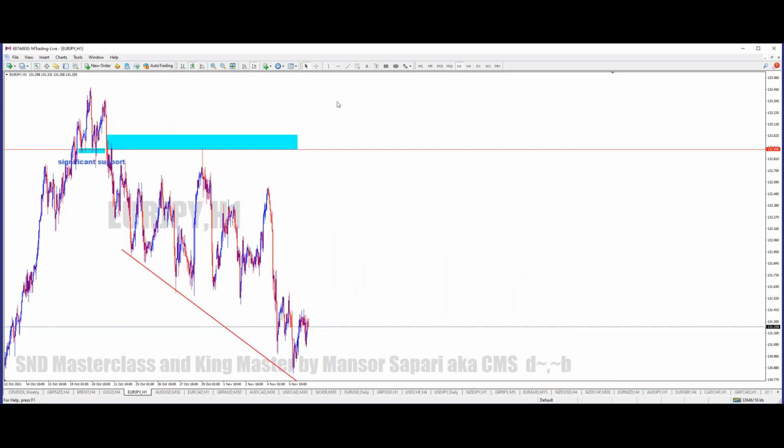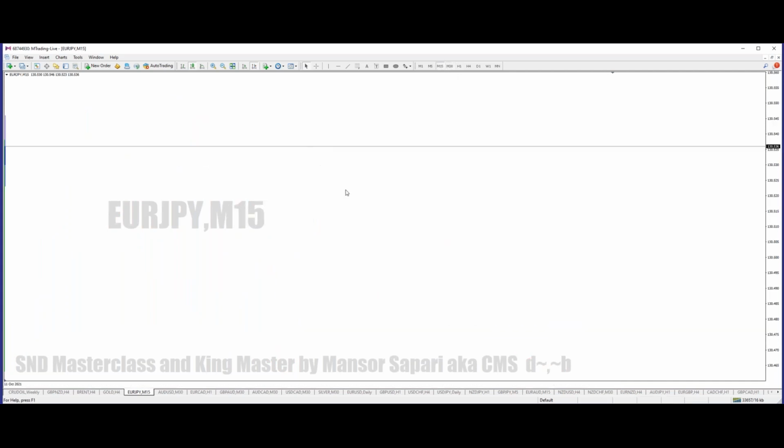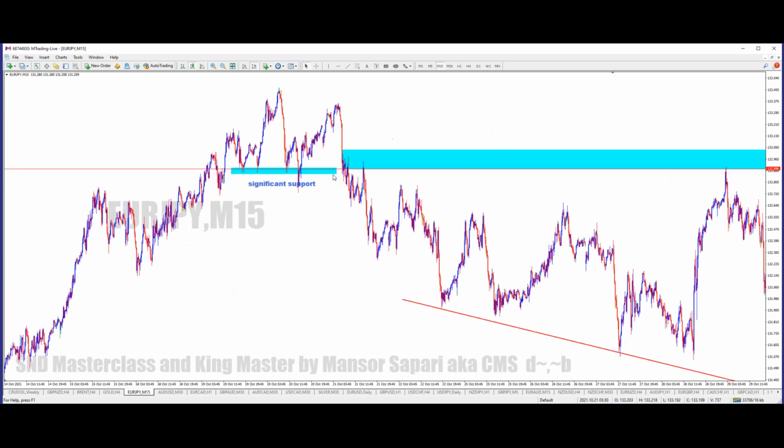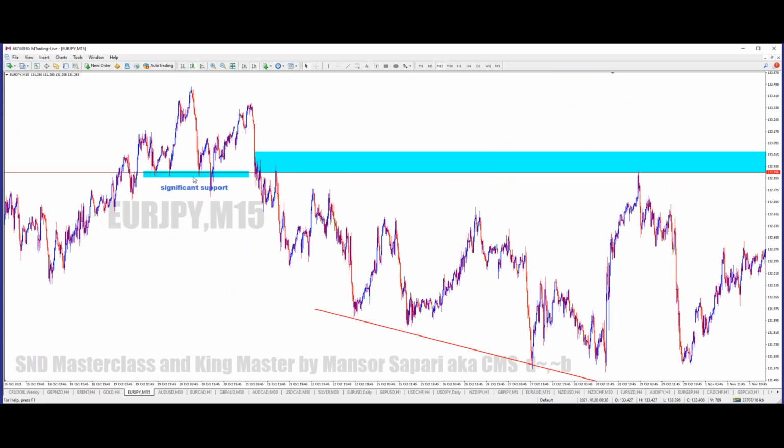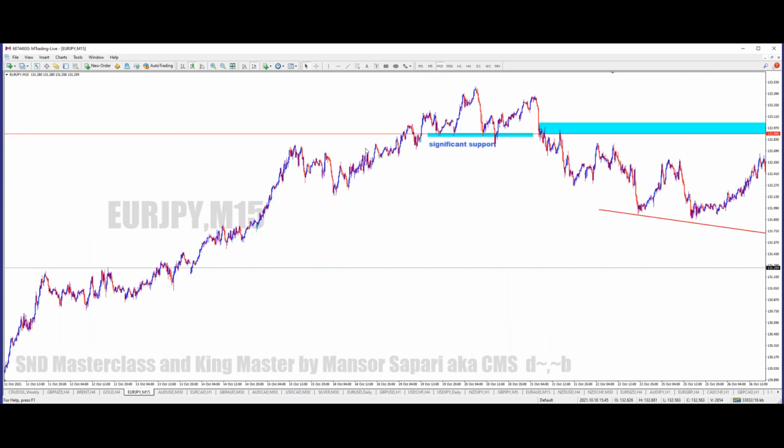Change to M30, still the same place. If I go to M15, it is still at the same place. So time frame is not an issue here. If we use an indicator, there may be some issue with the time frame. But when you use support and resistance, the time frame doesn't bother at all, because in any time frame, even the smaller ones, you can see the same support and resistance. All right.